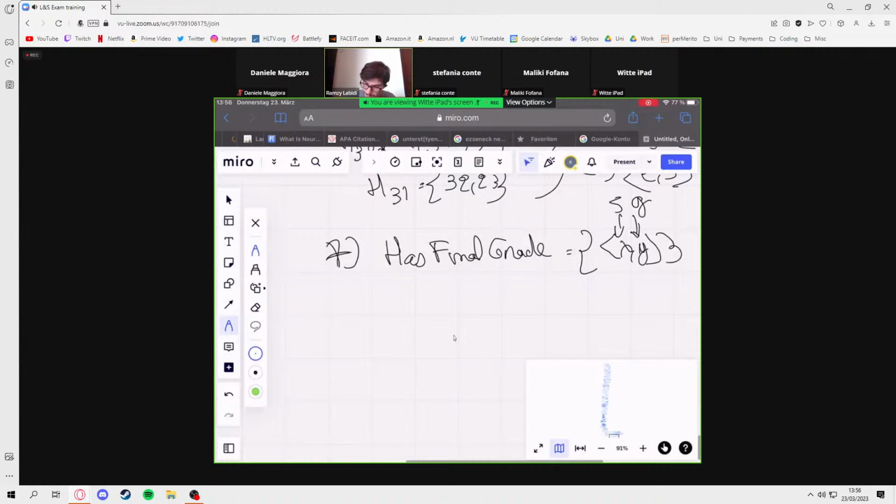All right, so A. We know that since every student is assigned exactly one final grade, has final grade is a function, because if you put in any X, it will output a Y, and the X is always distinct. On the other hand, there must be at least one grade that is obtained by more than one student.